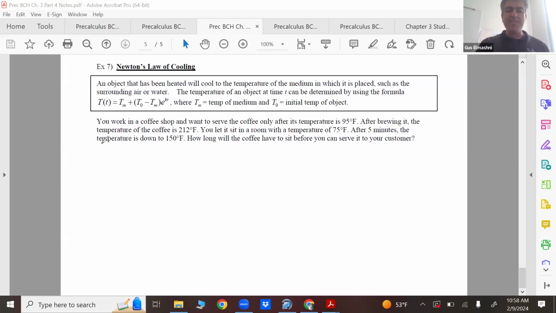Okay, well, you'd just serve it anyway, but whatever. It's fine. So here's what we're going to do. Tm, the medium, is 75 degrees. T0, the initial temperature, is 212.